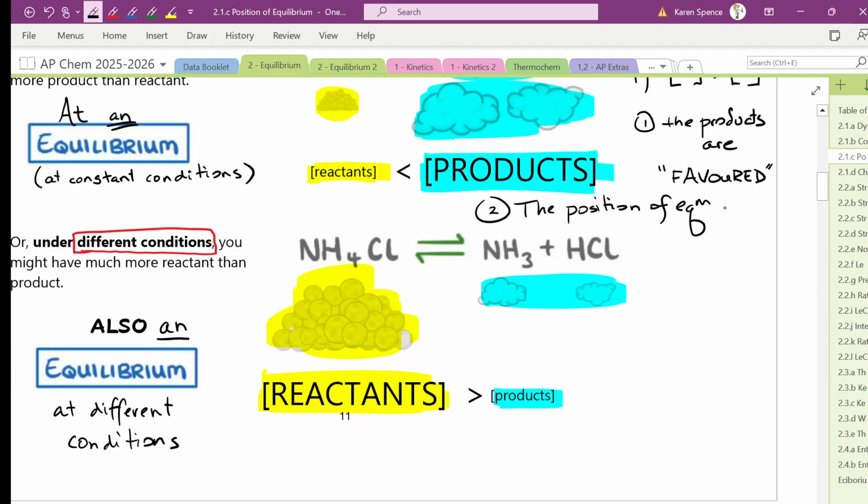The position of the equilibrium lies to the right or left? Right, yes. So the products are favored, the position of the equilibrium lies to the right. So we're just going to practice that language a lot, okay?